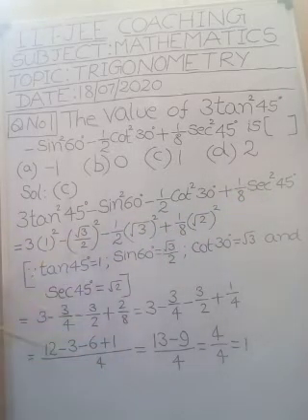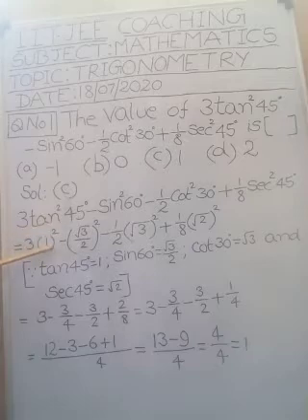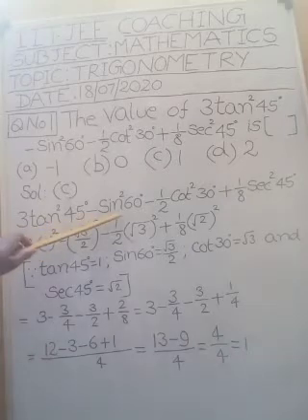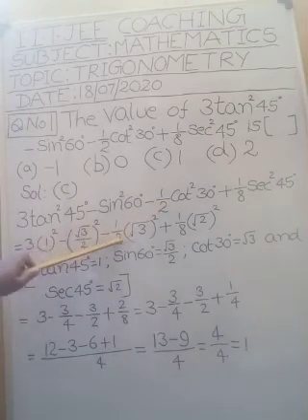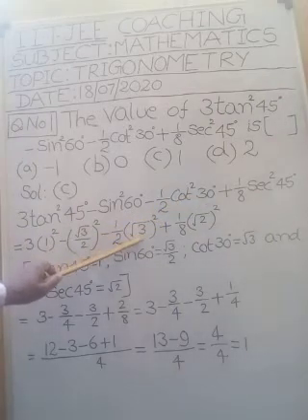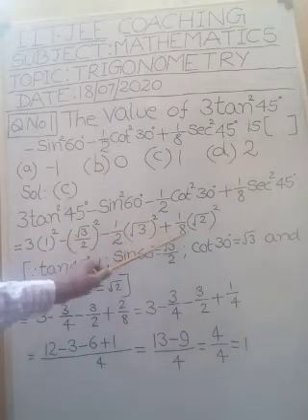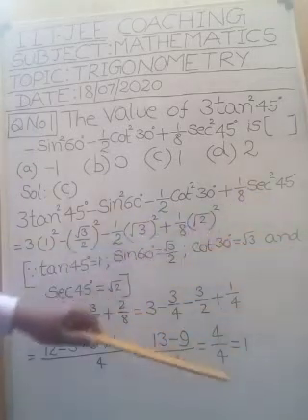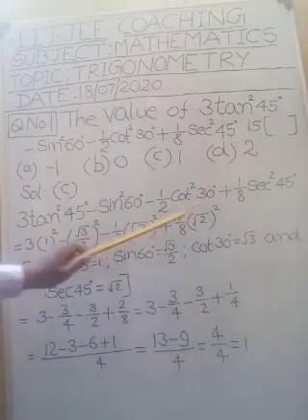So we are substituting the values. 3 into 1 whole square, tan 45 degrees value is 1, minus sine 60 degrees, root 3 by 2 whole square, minus 1 by 2 into cot 30 degrees. What is the cot 30 degrees value? Root 3 whole square plus 1 by 8 secant 45 degrees. Secant 45 degrees value is root 2 whole square.